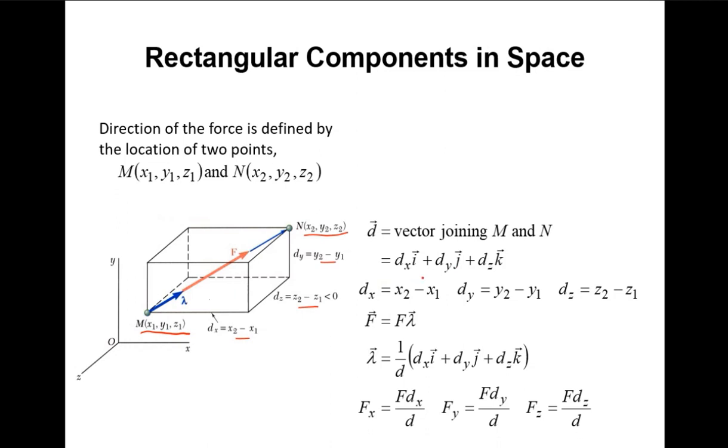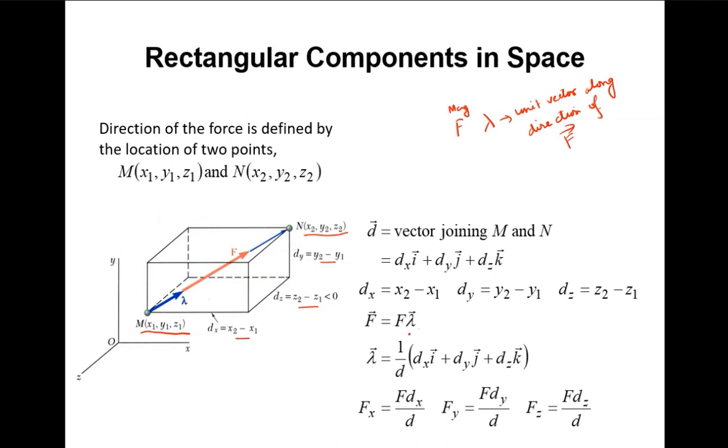Okay. So now here, F is equal to F lambda, as we have seen in the previous case. Here, what will be the value of lambda? Now here again, F is the magnitude and lambda is a unit vector along the direction of F, right?